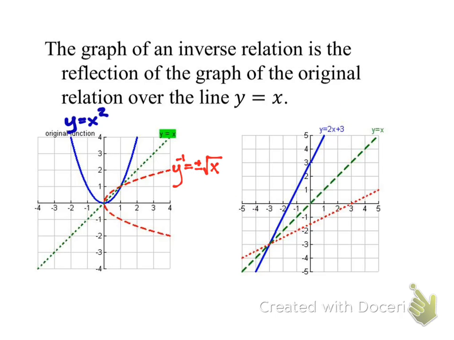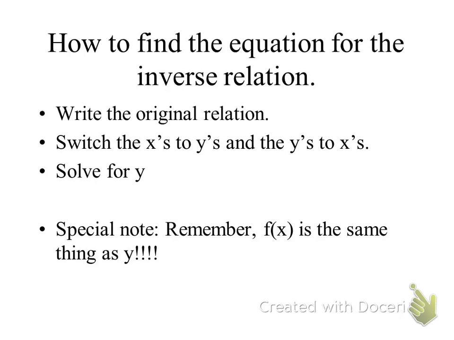All right, let's see how this is going to work. First off, how we're going to find the equation for inverse relationships. We're going to write the original relation, and then we're going to switch the x's to y's and the y's to x's. Why would we possibly do this?